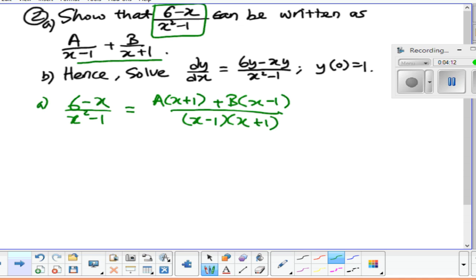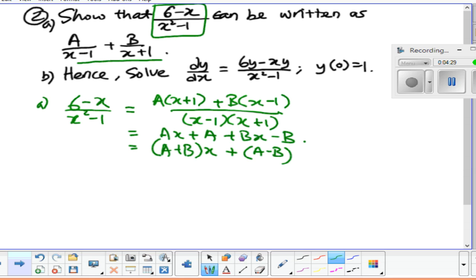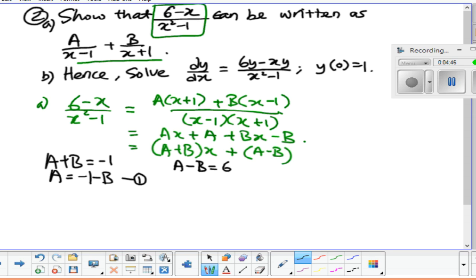Therefore, you can see that the denominator is exactly the same. The numerator now is ax plus a plus bx minus b, or in other words, this is (a plus b)x plus (a minus b). So by comparison, we can see that a plus b must be equal to negative 1, or a is equal to negative 1 minus b, so this is equation number 1, and the second equation is a minus b equal to 6.